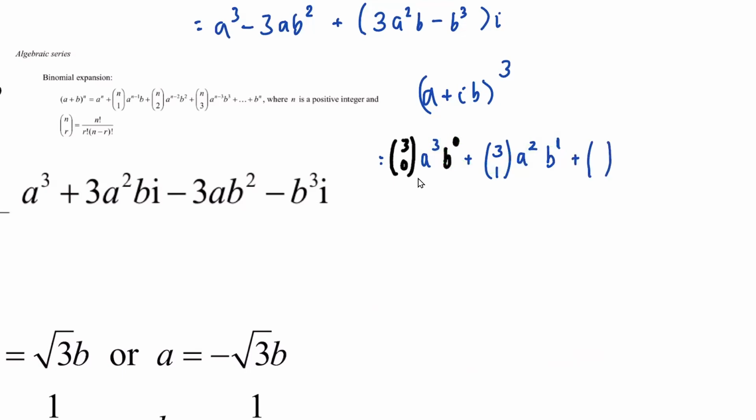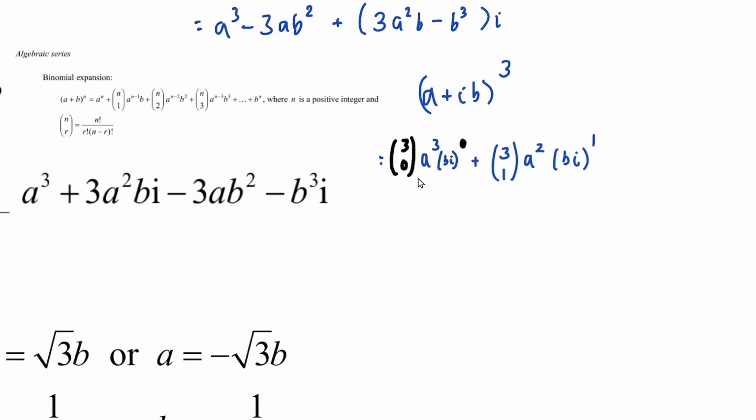Oh, I didn't write the i. Sorry. I made this mistake again. So it should be bi and power 1. Over here, it shouldn't be b, it should be bi or ib, power 0.